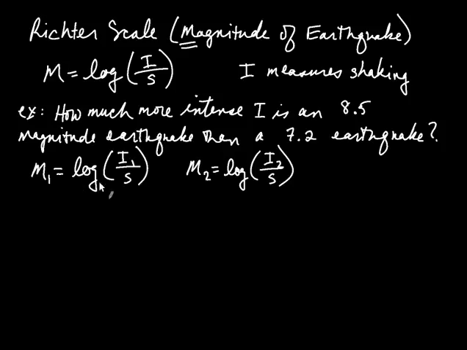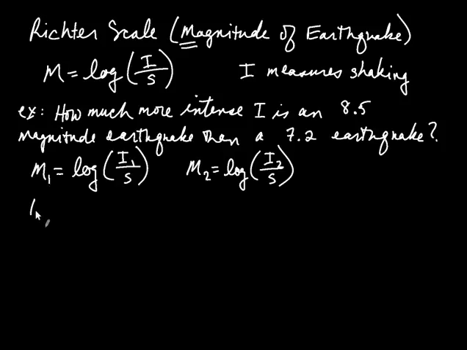So you can solve both of these equations for I, because after all, it says how much more intense. We're going to be comparing the intensities, not the magnitudes. We want to know how much shakier the first earthquake was than the second earthquake. To solve these for intensity, we take the base 10 and raise it to the other side of the equation.